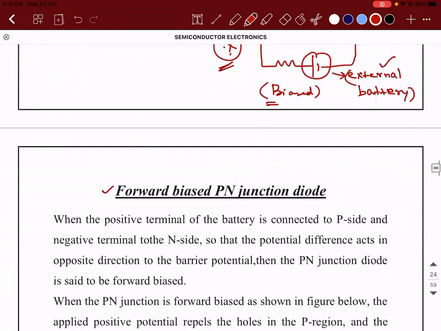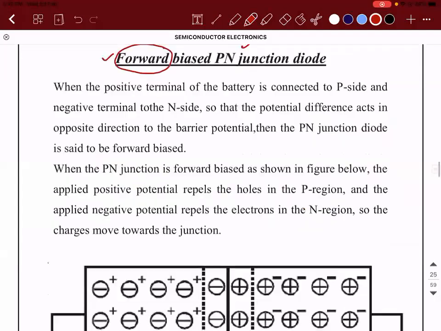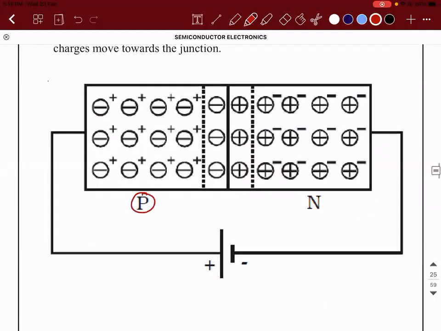Yes, sir. Very good. So, forward biased, as the name suggests, right? If a PN junction diode is connected to a battery in such a way that the P type of the semiconductor is connected to the positive terminal of the battery and the N is connected to the negative terminal of the battery, then this type of a connection is called a forward biased PN junction diode.